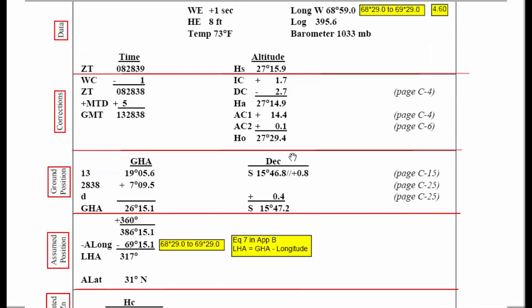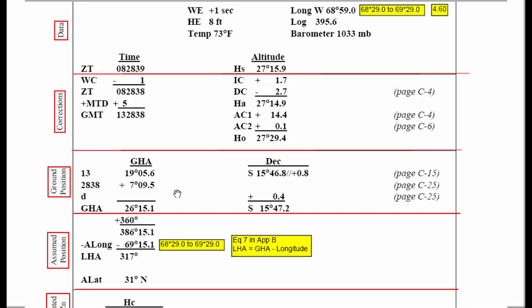And then the next section below that are corrections to the data, where we're going to convert time to Greenwich time, and take the sextant altitude and convert it with some corrections to observed altitude, HO.